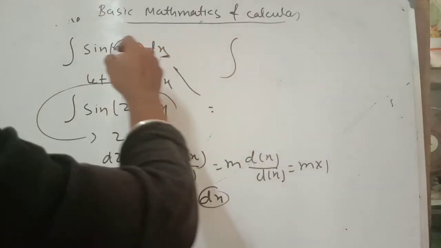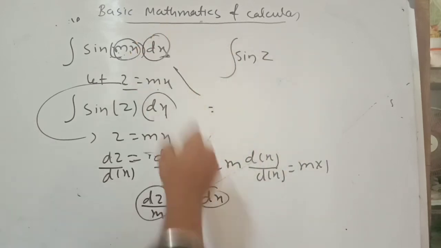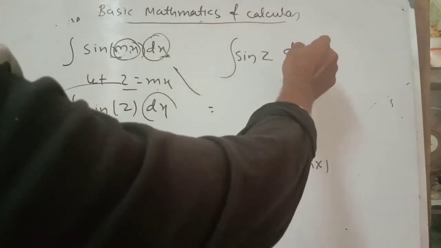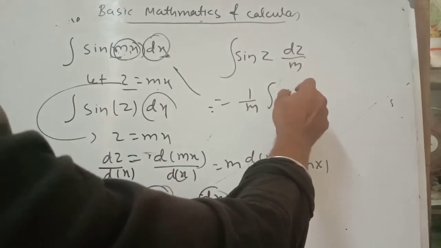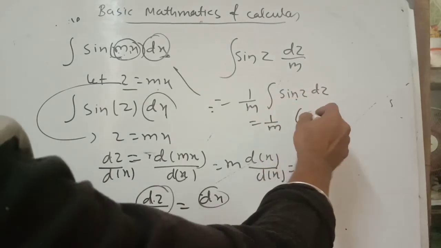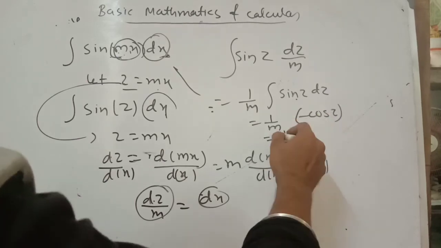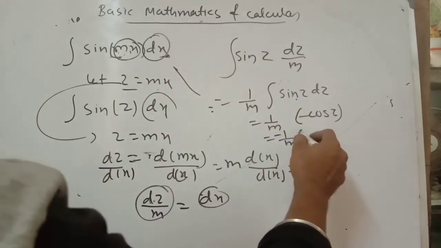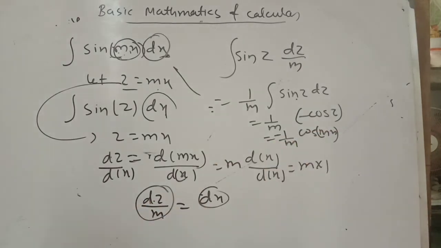Now in place of mx you put sin z, and in place of dx you put dz by m. Since 1 by m is a constant, it comes out: 1 by m times the integral of sin z dz. What is the integration of sin z? It is minus cos z. Now you put the value of z, which is mx, so minus cos mx.